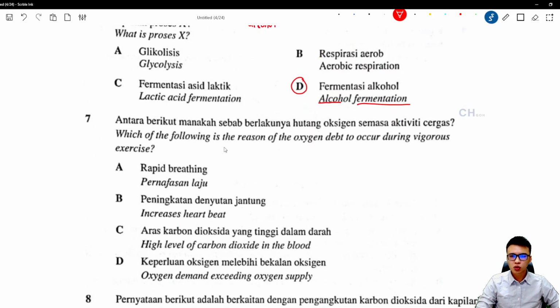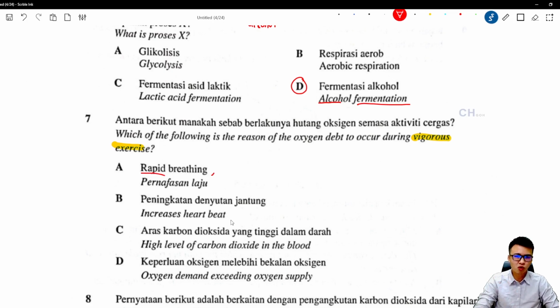Question 7. Which of the following is the reason for oxygen debt to occur during vigorous exercise? Rapid breathing, increased heartbeat, high level of carbon dioxide in blood, oxygen demand exceeding oxygen supply. Now, all of these are kind of close, because when you are doing vigorous activity, your breathing rate must be very, very fast, correct or not? So this one is true.